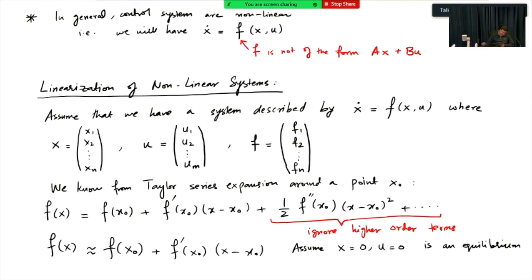Input is 0, nothing should change. So f of 0, 0 should be equal to 0. That's like a boundary condition.